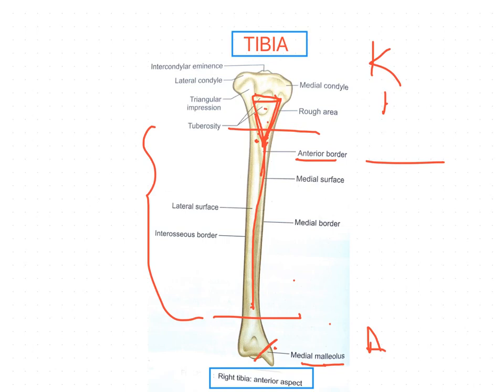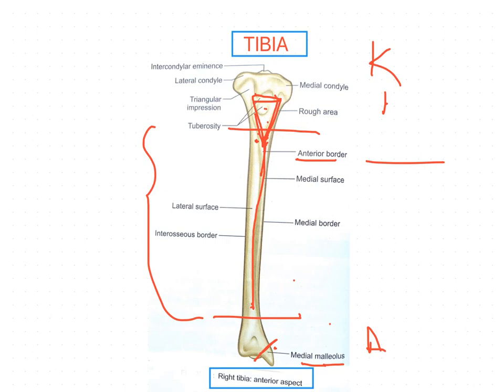Hold the bone like that and check for the medial malleolus. If this malleolus is present on the medial aspect, then you can identify the side of the bone, whether it is right side or left side. So this is the determination of the side of the tibia.